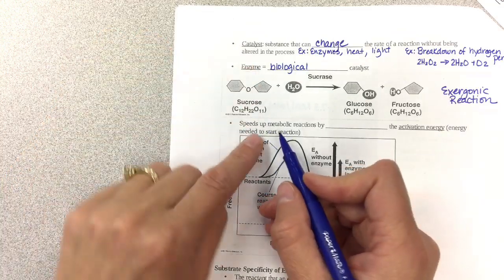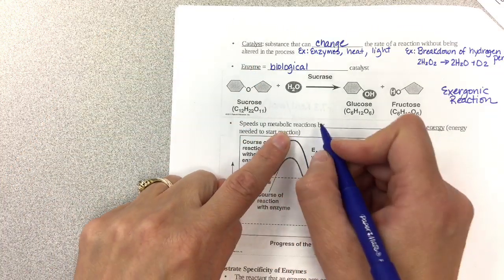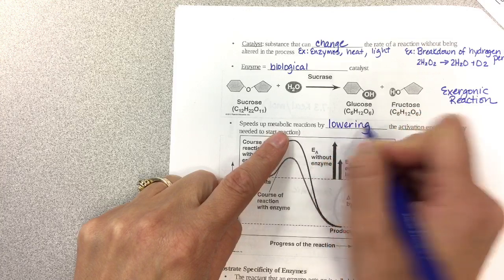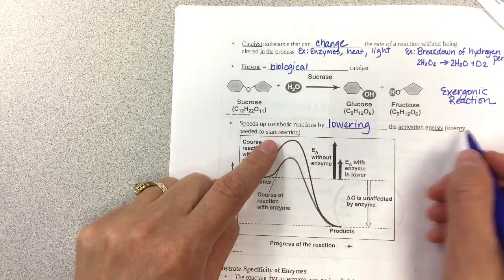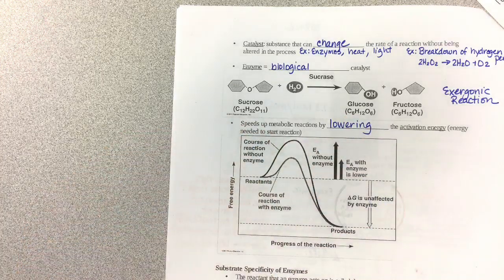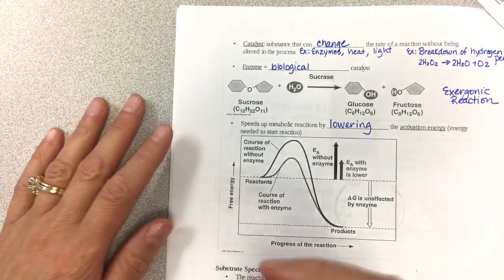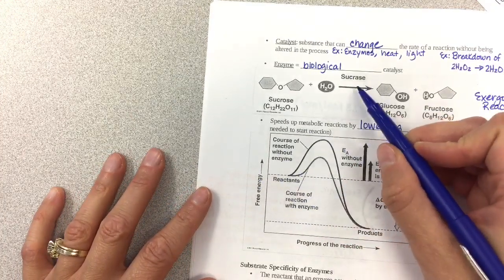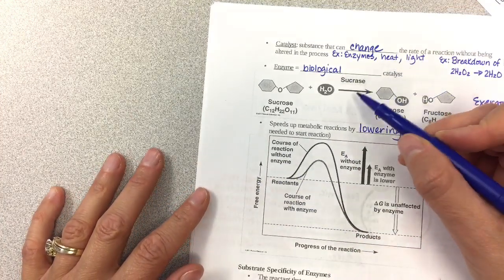Enzymes speed up metabolic reactions by lowering what we call the activation energy, which is the energy needed to start a reaction. Enzymes can do that. Heat can do that. Light can do that, and so on.